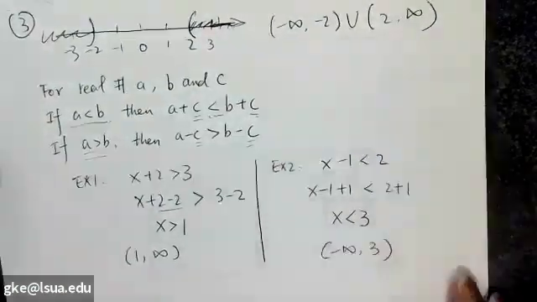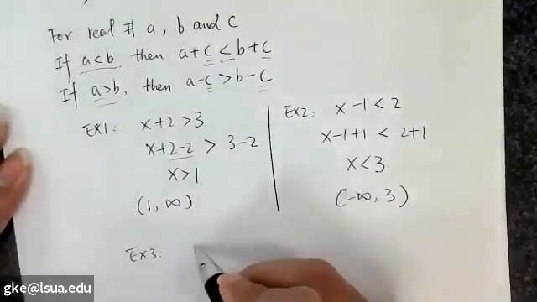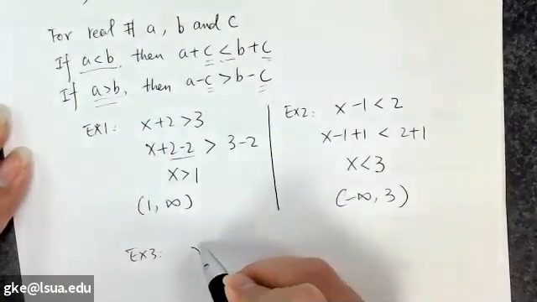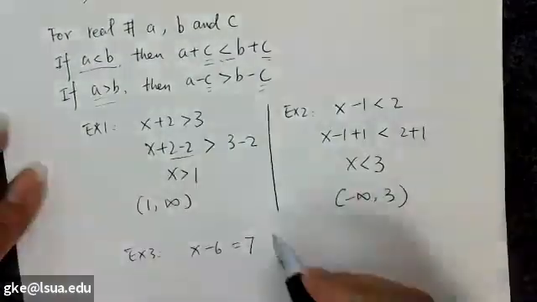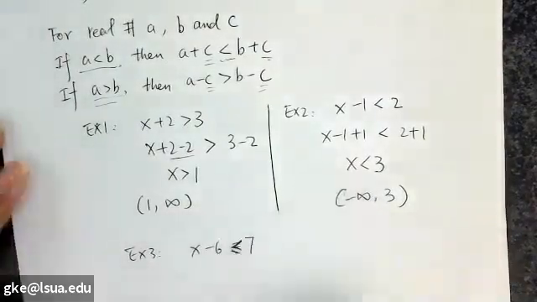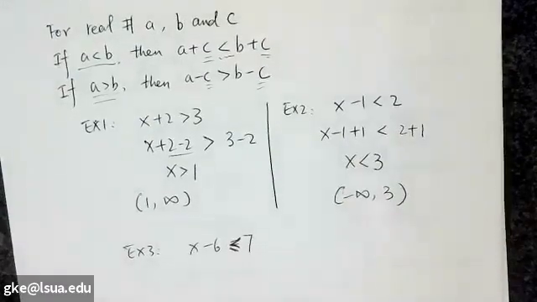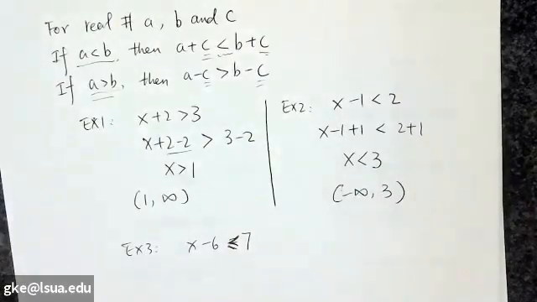And you guys can try it. I'm gonna give you guys an example. Oh, sorry, it's less than or equal to 7. Please use the interval format. Okay, interval format.